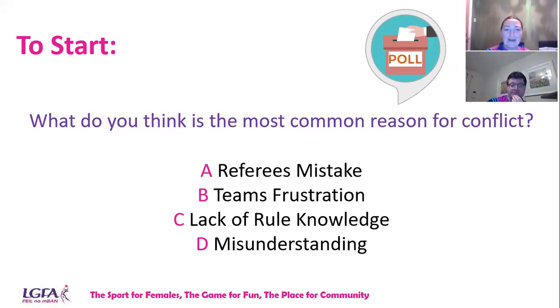And in our second wee poll for you, what do you think is the most common reason for conflict? Out of your own experience or just your thoughts, is it a referee's mistakes? Is it team frustration? Is it lack of rule knowledge? Or is it just misunderstandings? I think this will be an interesting one.